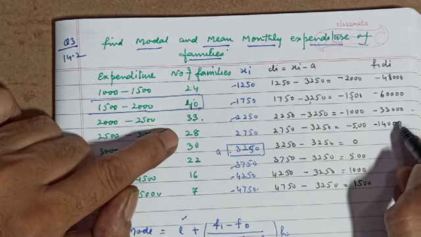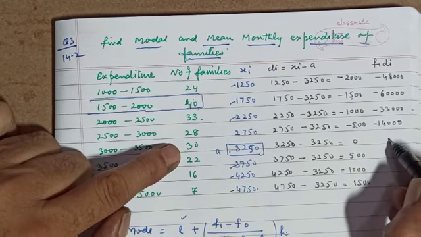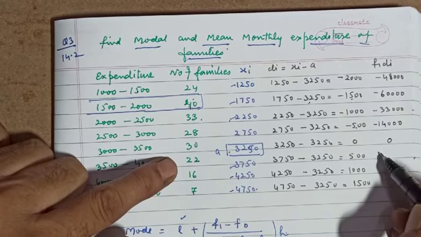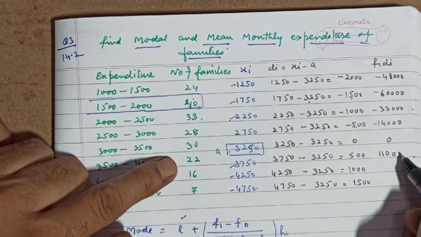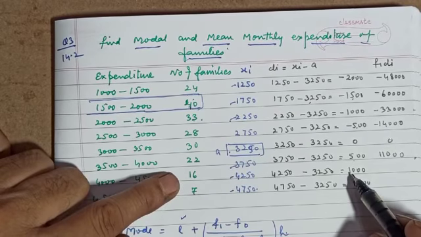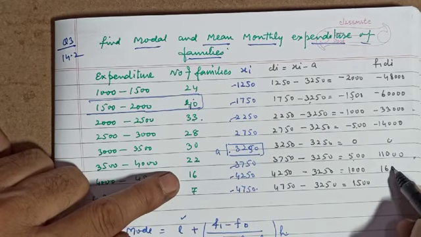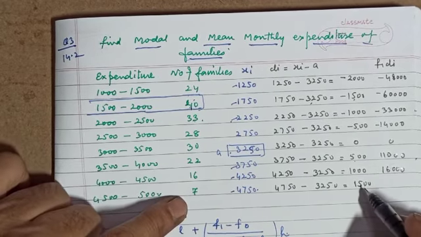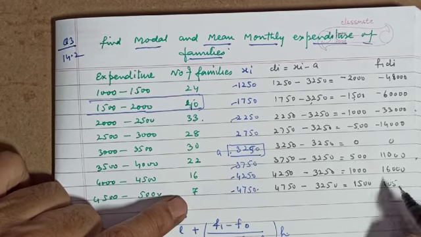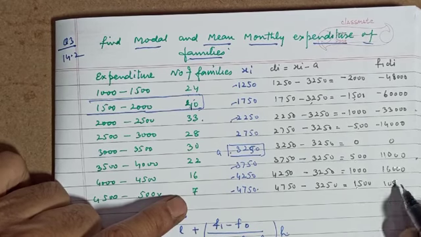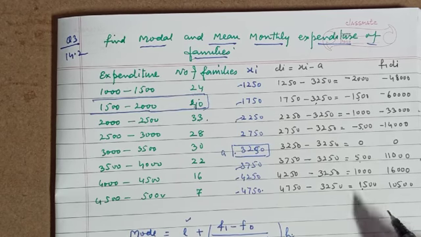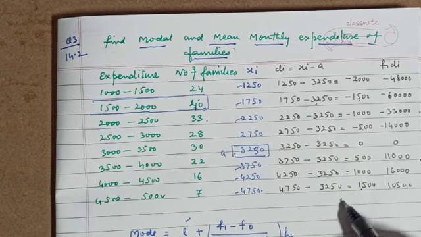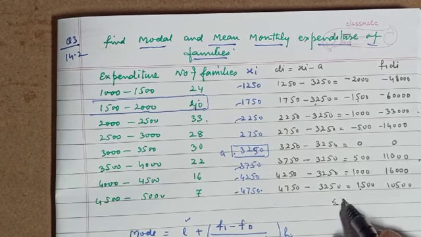With 20, it is 110. With 20, it is 105. So we have to add them in order to find the sum.